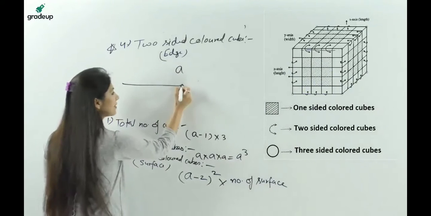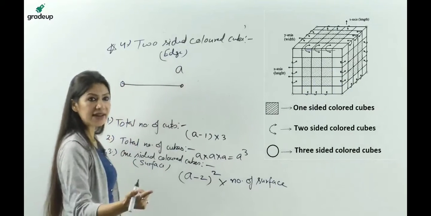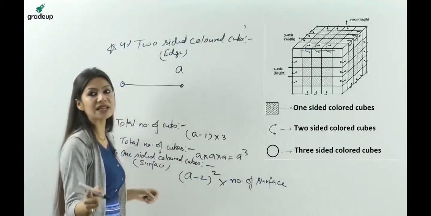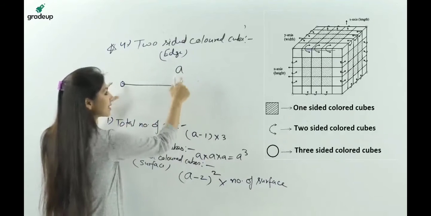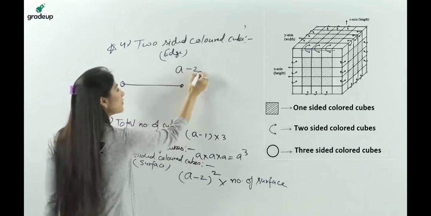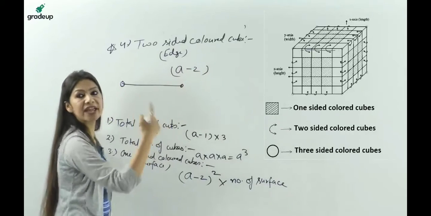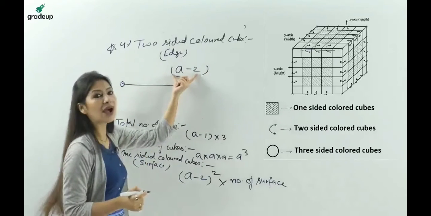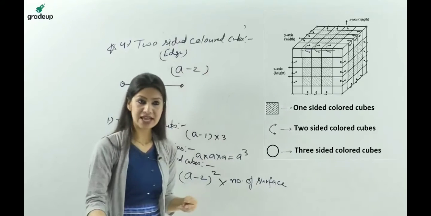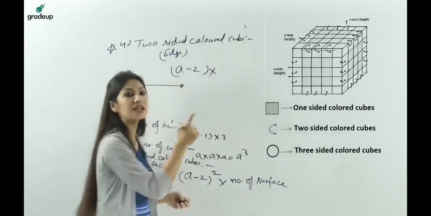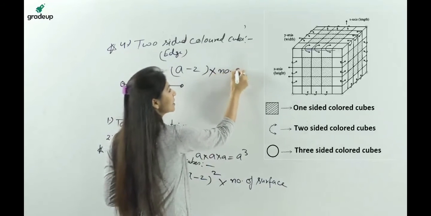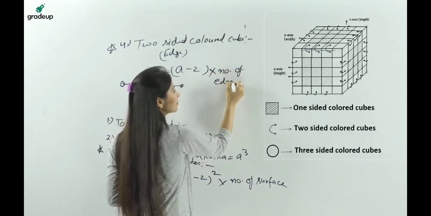But definitely we have 2 corners in one edge, and these 2 corners are of no use for us. The reason is very simple: these corners are in contact with 3 walls. So I have to subtract these 2 always, whatever the value of A is, right? So A minus 2 I am receiving for one single edge. I have overall 12 edges, so I need to multiply it by 12, or in a generalized way, just multiply it by the number of edges.